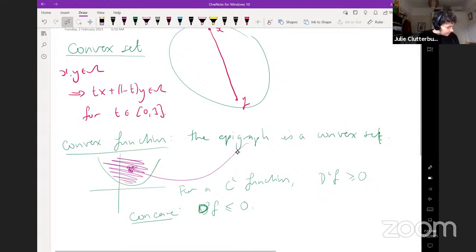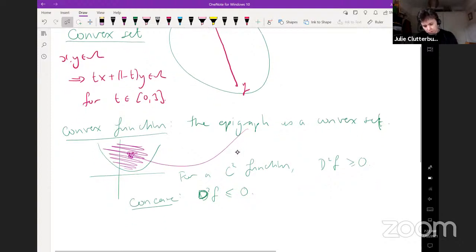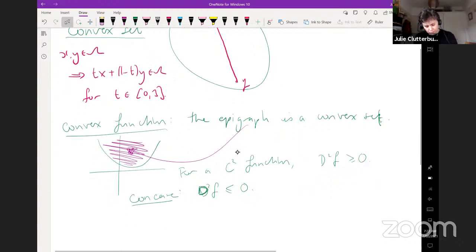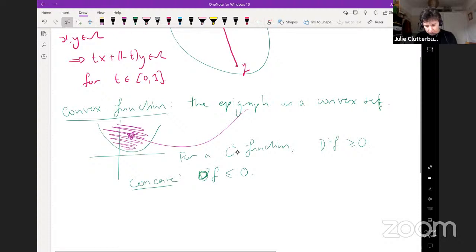Now, if we go back to looking at our original problem, in general, the solutions to this are not concave. If we're on a ball, for example, then things really are concave. But in general, concavity is much too strong.